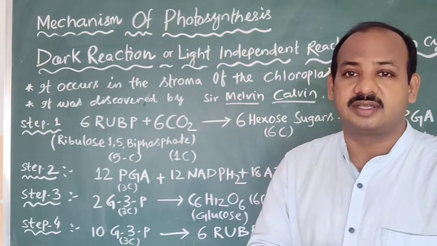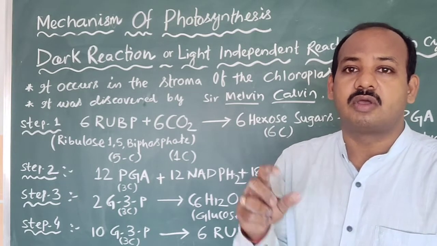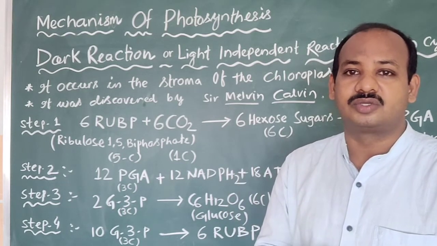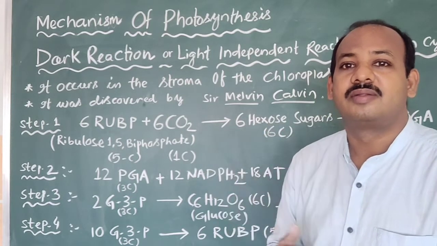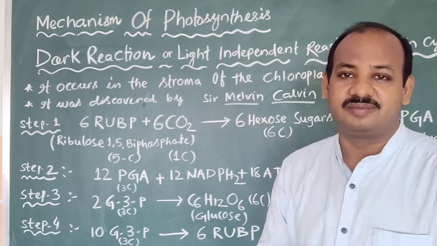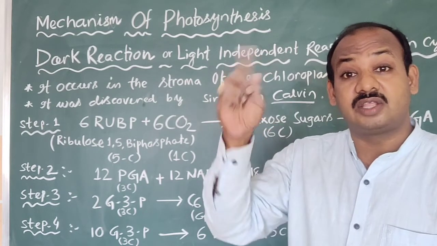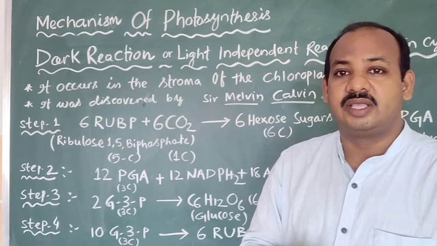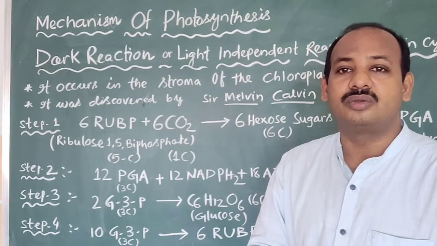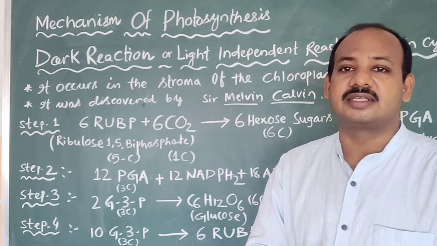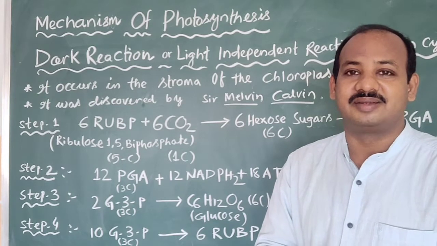Photolysis of water has occurred. Protons, electrons and oxygen were produced. Protons are used for reduction of NADP, and electrons are used during cyclic and non-cyclic photophosphorylation to produce ATP in the reaction centers. Okay, children.